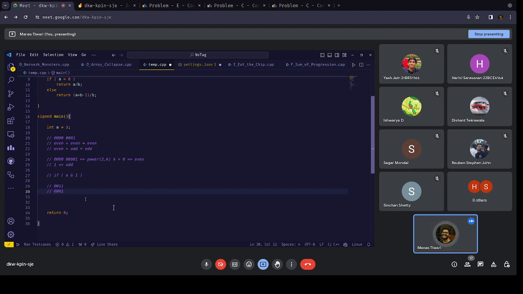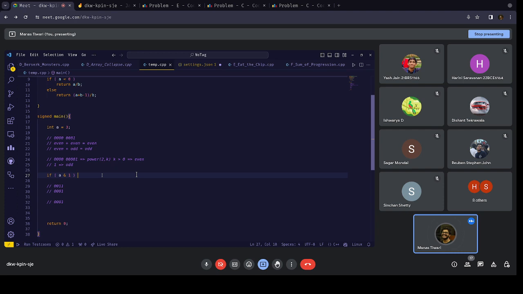Now tell me what should be the result of this. The result is 0 0 0 1, right? AND operation: wherever you have 1 in both, you just write 1. 1 and 0 goes away. You need a 1 here to have a 1 here as well. So what does this tell you? A and 1 returns whether the last bit is turned on or not.